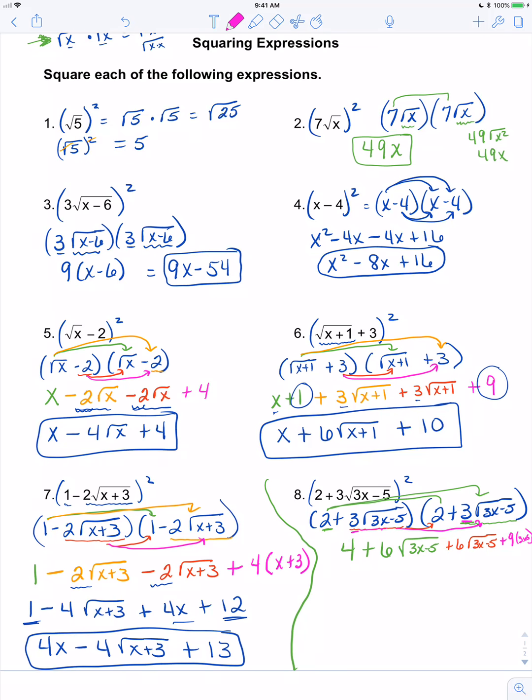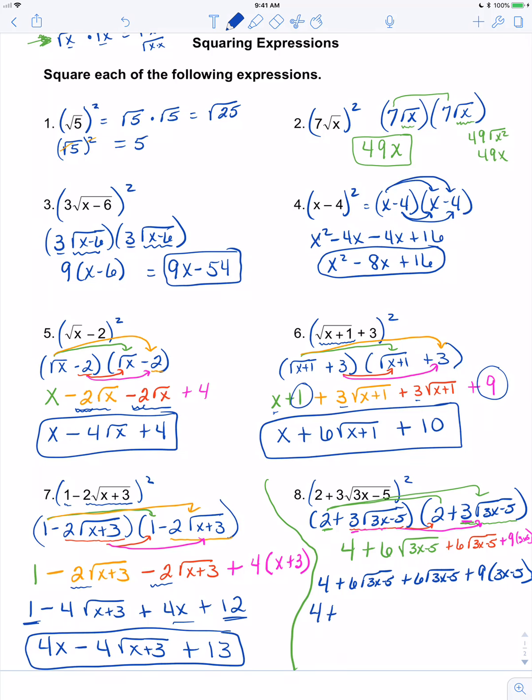Let me rewrite all of that so you can see it. That's 4 plus 6 square roots 3x minus 5 plus another 6 square roots 3x minus 5 plus 9 times 3x minus 5.